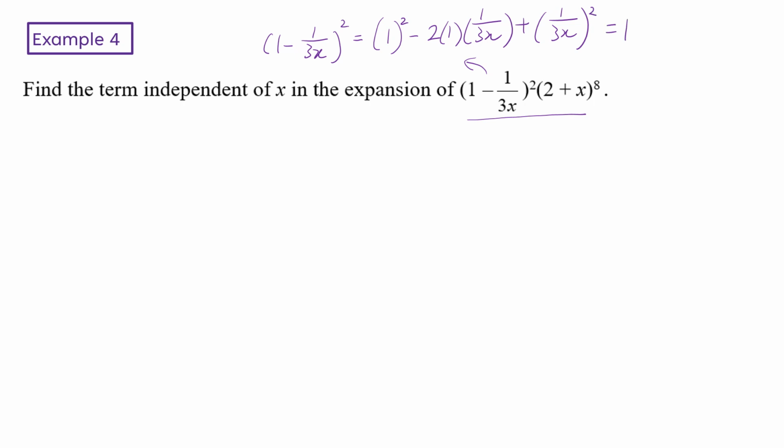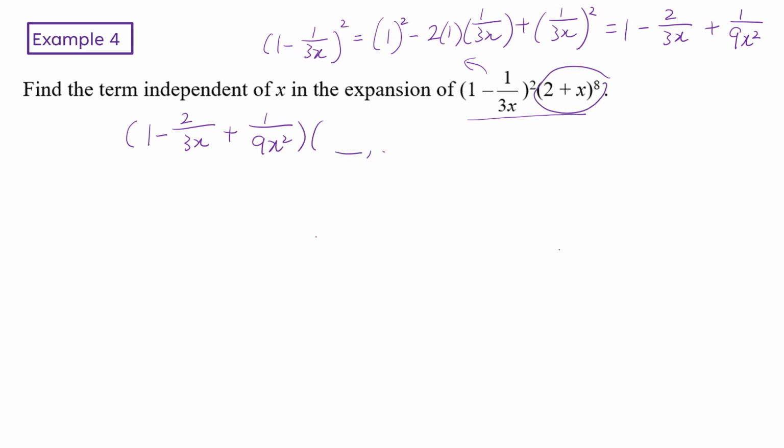You would get 1 minus 2 over 3x plus 1 over 3x times 3x will give you 9x squared. What the question means is, if I have this expansion to multiply with this one, there will be 9 terms altogether. 1, 2, 3, 4, 5, 6, 7, 8, 9.